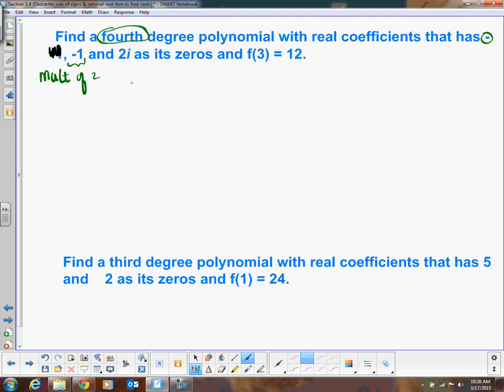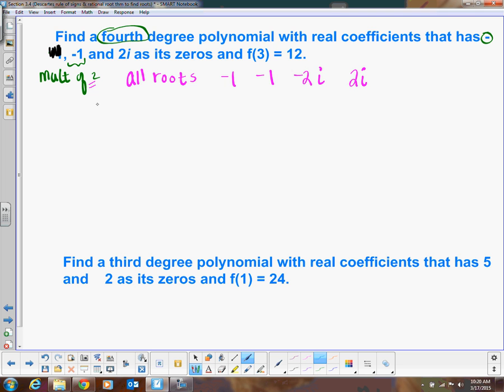So, what are all the roots? What are they? Negative 1. And why did you write that twice? Multiplicity of 2. And negative 2i and 2i. All right, so those are your roots.